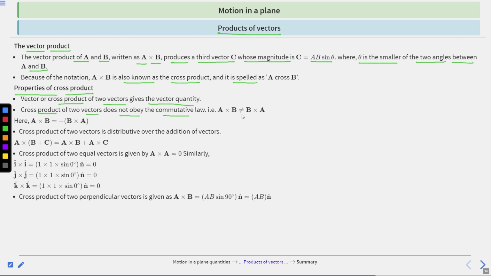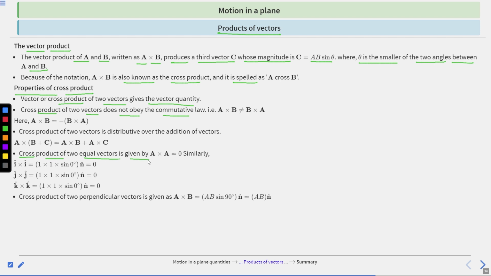A cross B is not equal to B cross A. Clear? Here A cross B is equal to minus B cross A. These are vector quantities. All bold alphabets are vectors. Clear?